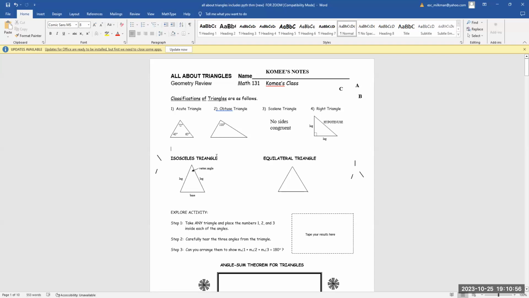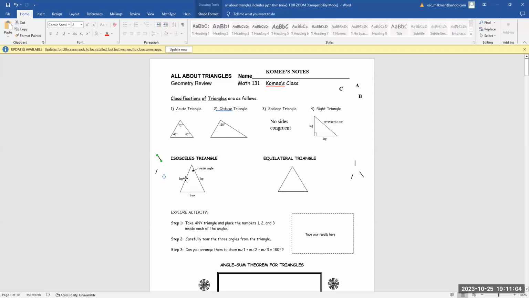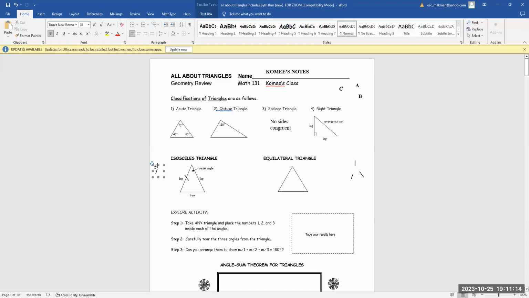An isosceles triangle has two sides that are congruent, and we mark congruencies with this symbol. I'm going to move this symbol down here, meaning that this leg is exactly the same as the other leg.